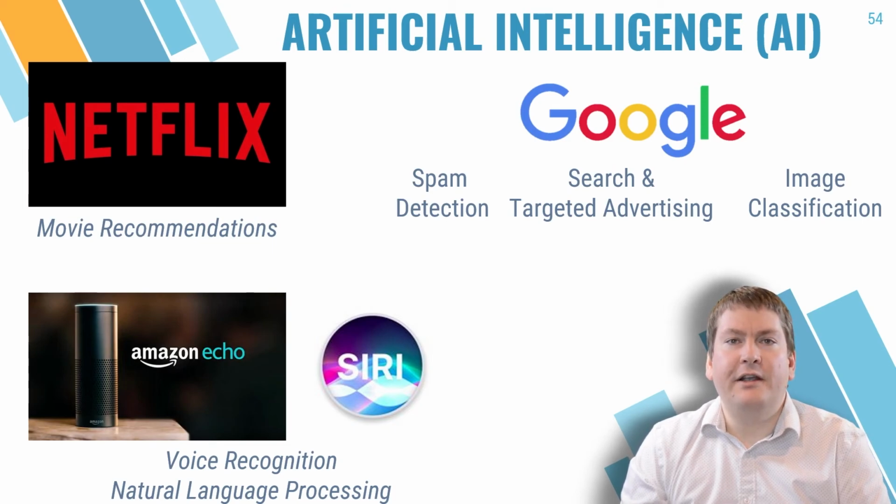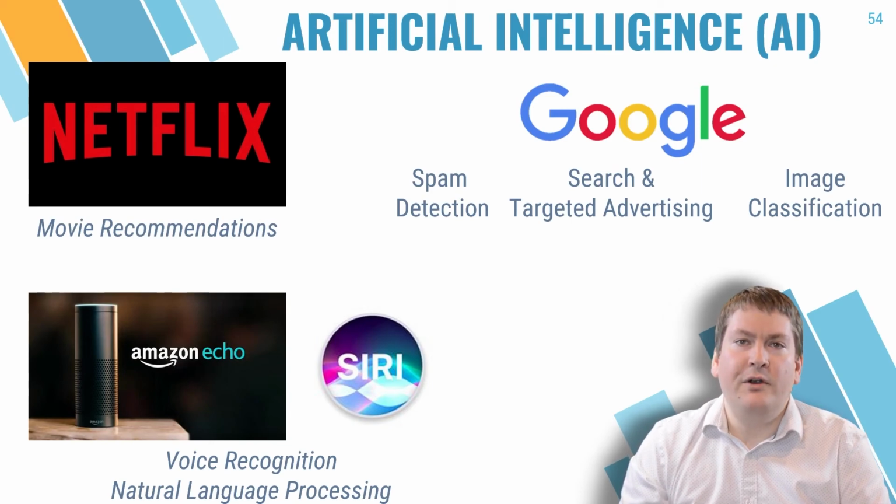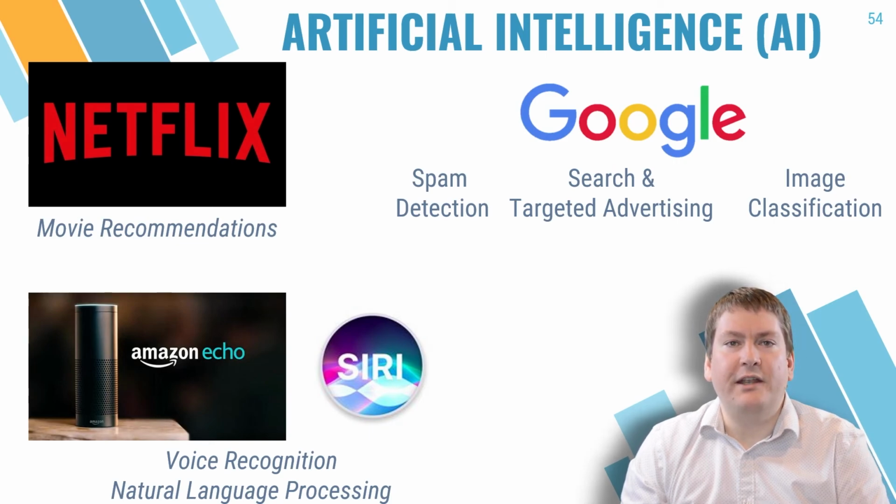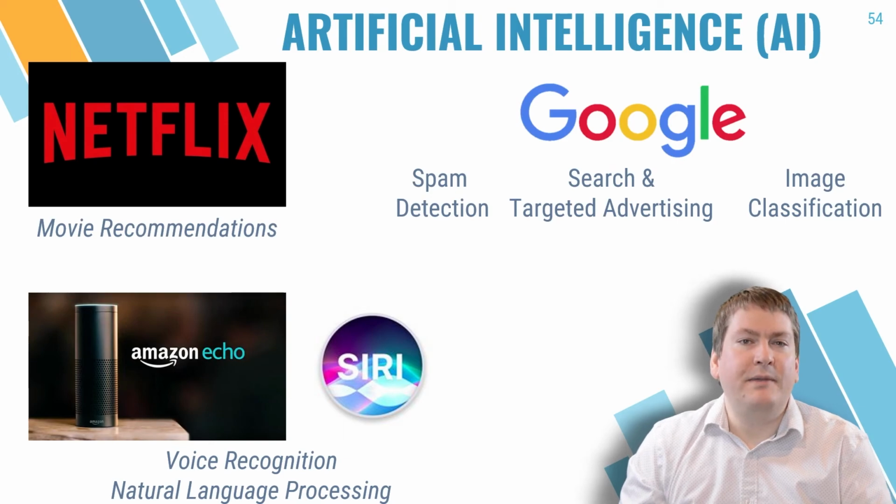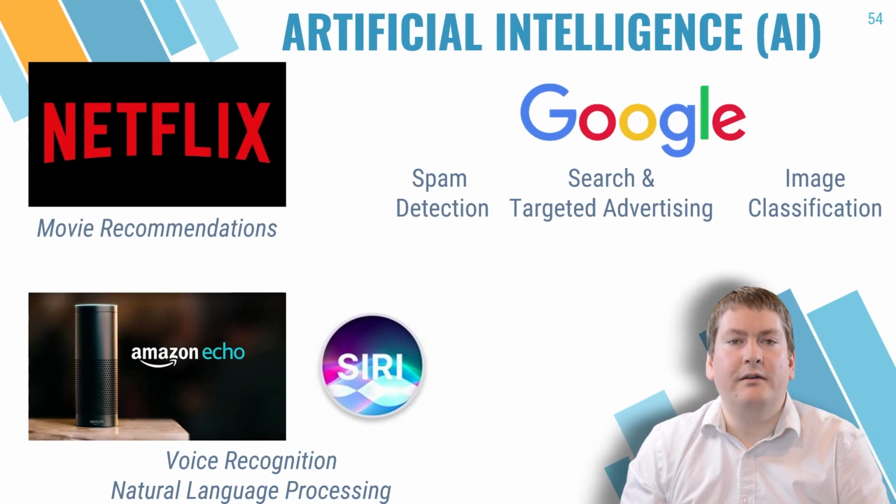Currently, AI is very good at doing very specific classification tasks when given a large number of examples to learn from. For example, classifying movies into groups that you would like or dislike, or classifying email as spam or not spam, classifying words in speech, or classifying objects in an image as being identified as like cars, houses, roads, trees, animals, and so on.